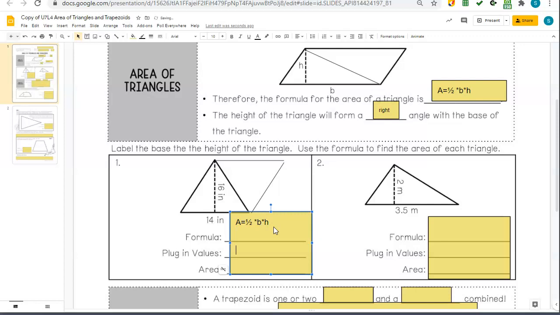We put in our values, so we've got 1/2 times the base, which is 14, times the height, which is 16. Go ahead and do that calculation. The area is 112 inches squared.